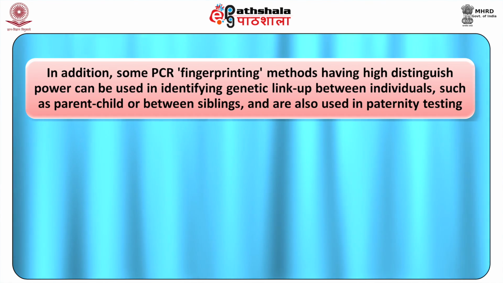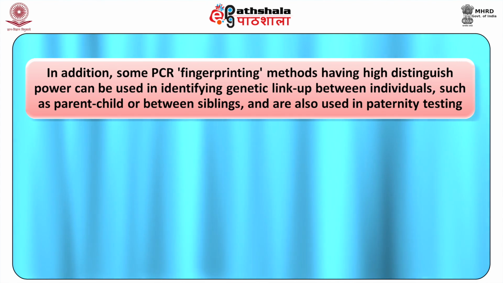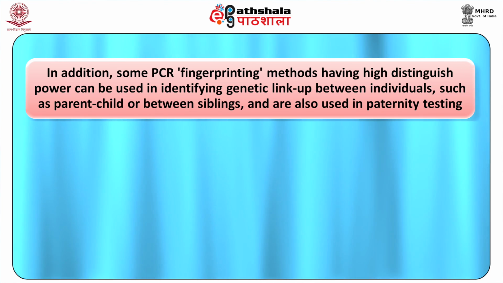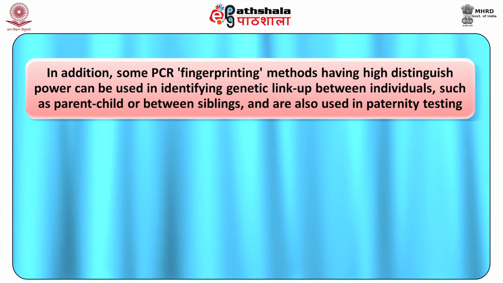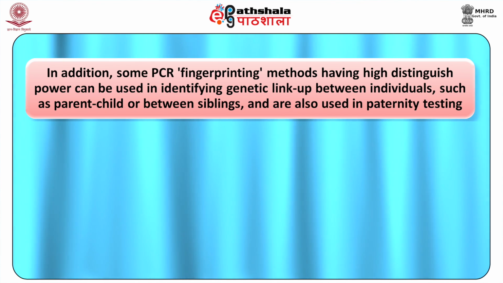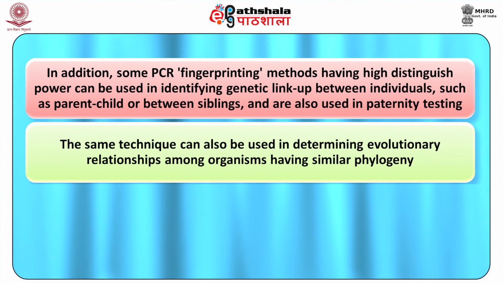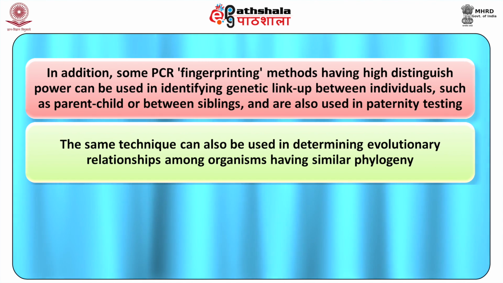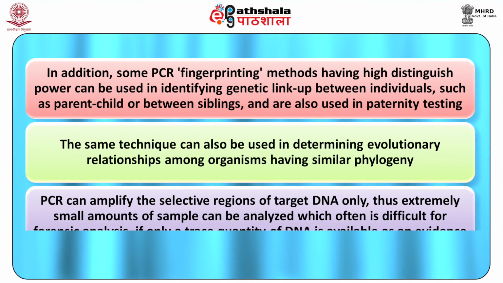In addition, some PCR fingerprinting methods have high distinguishing power and can be used to identify the genetic link between individuals such as parent and child or between siblings, and are also used in paternity testing. The same technique can also be used in determining evolutionary relationships among organisms having similar phylogeny.